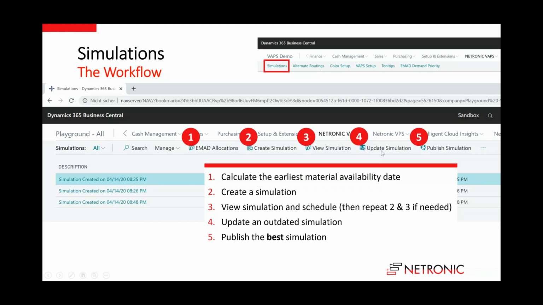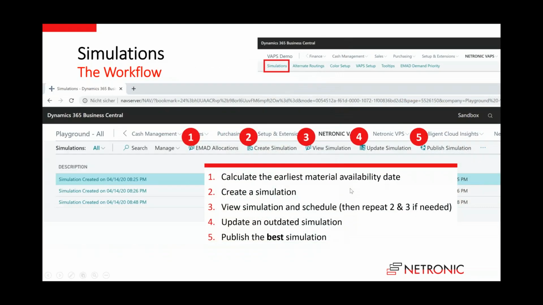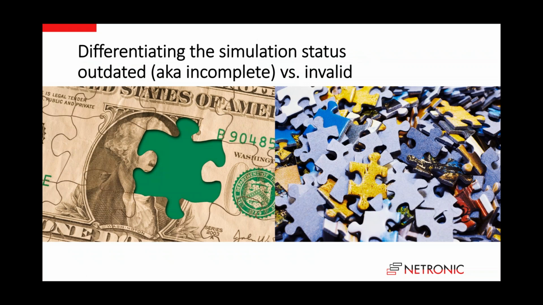And this is one of the tricky things in which you stumble when you build a product. When we look at the product in a couple of minutes, then we actually have two different statuses of a simulation. A simulation can be outdated, which means it is incomplete. So something like this really is incomplete. And when we look at this puzzle, we call this invalid.